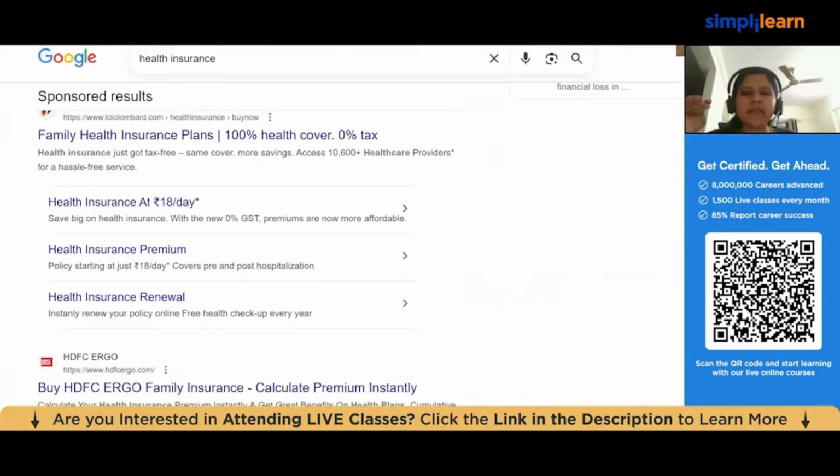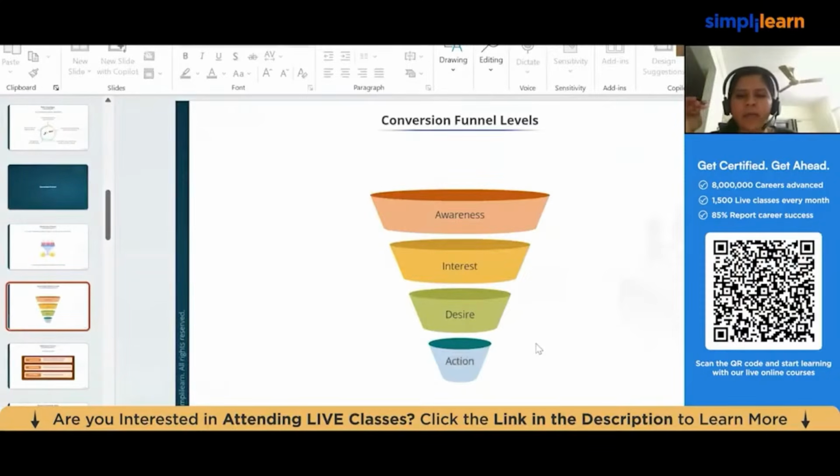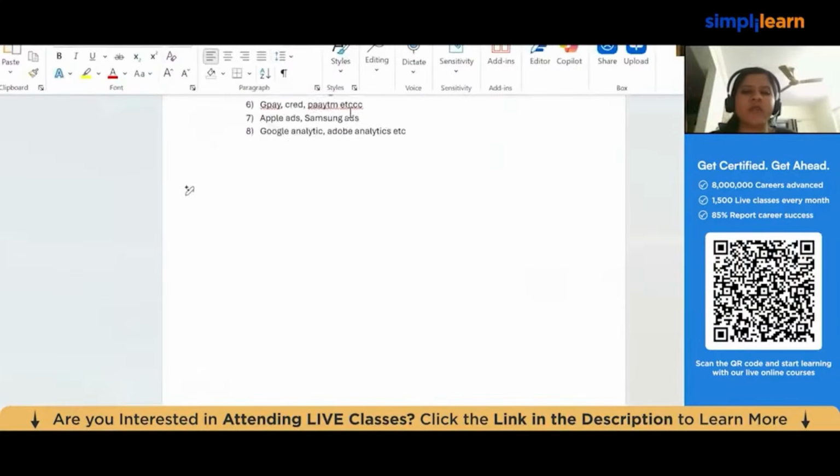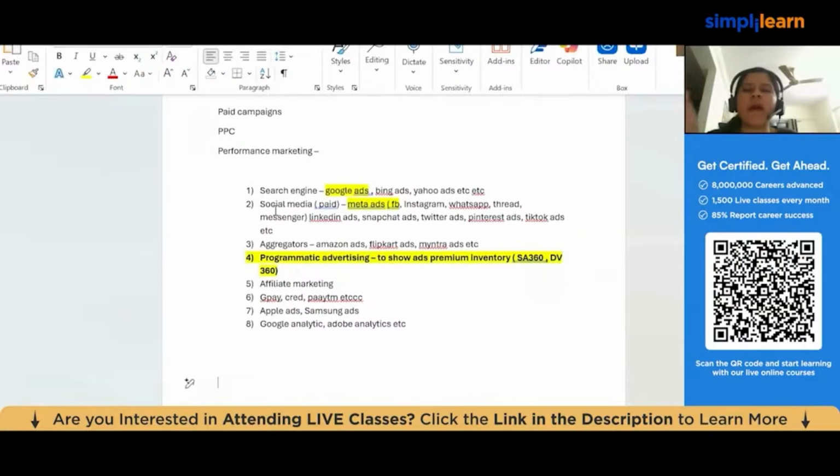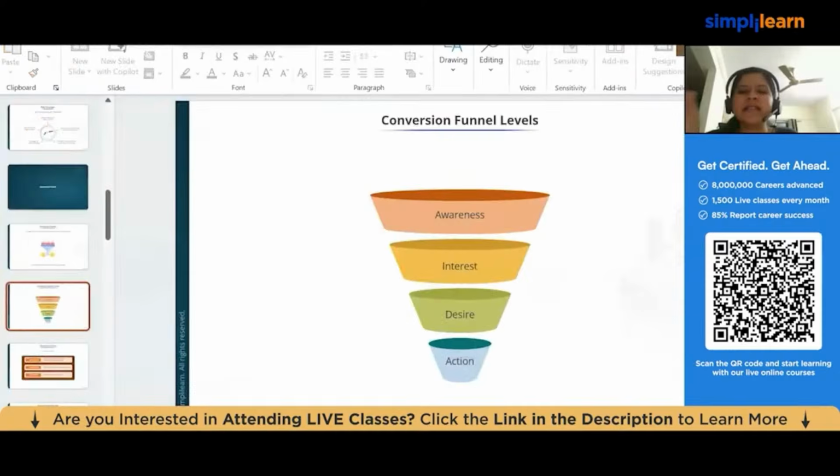Hence, understanding this conversion funnel is very important, because, as I said, there are so many platforms where you can run ads. You have to find out which platforms will fit well at which stage of the funnel. Because we have so many platforms, we try to divide them: I'll use Meta for awareness, but I'll use Google for conversion, right? Even the communication changes.